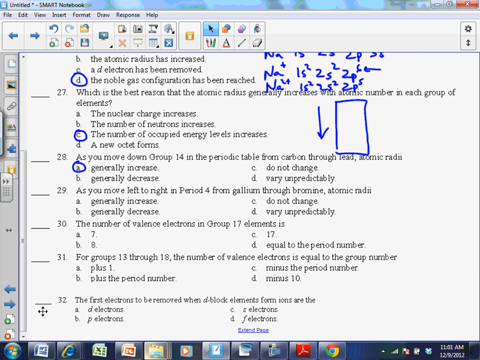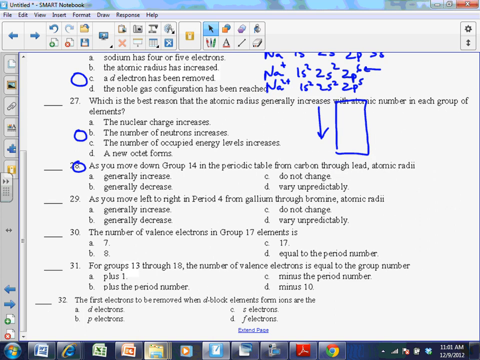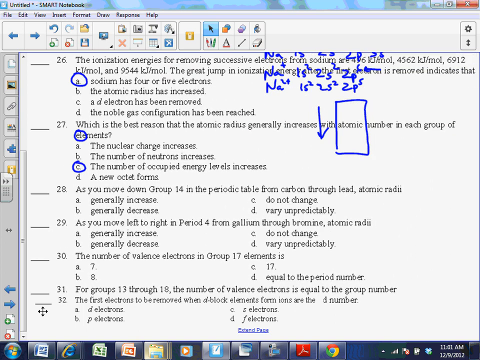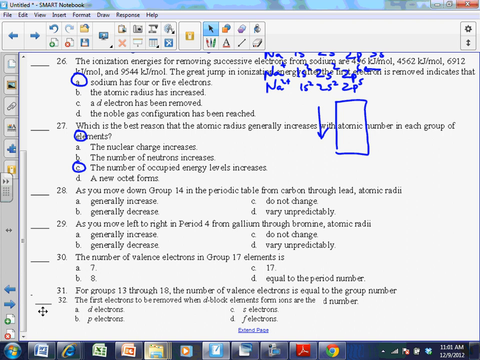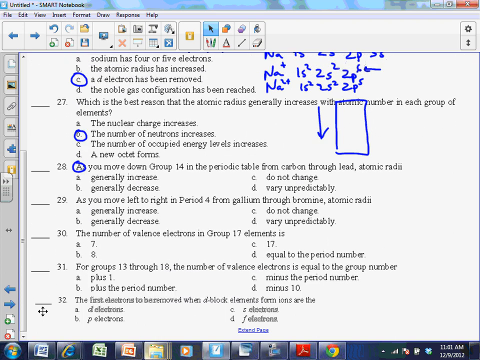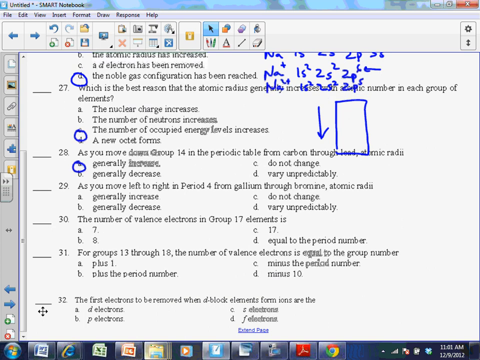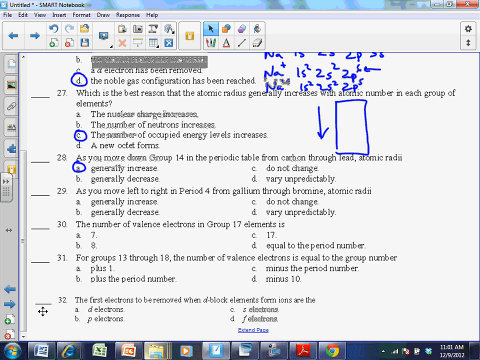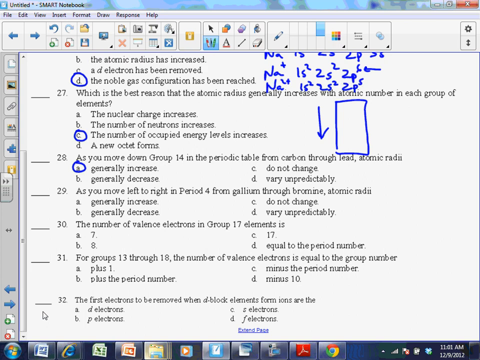As you move left to right in period 4 from gallium through bromine, so you're doing this, atomic radii generally decrease.